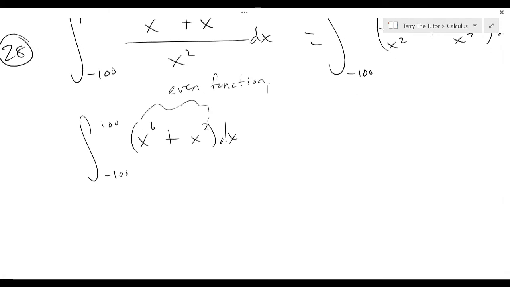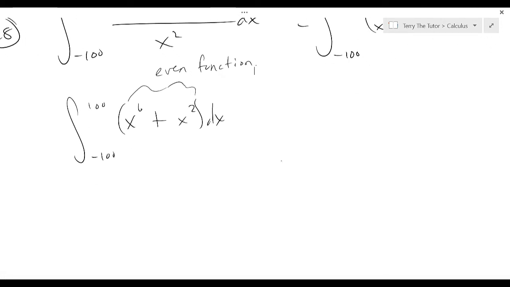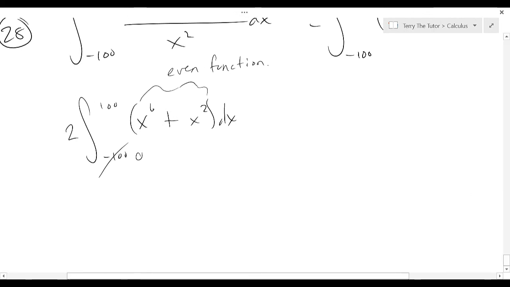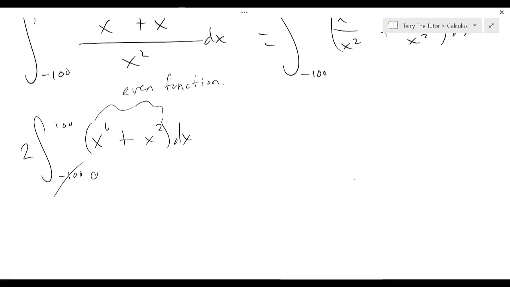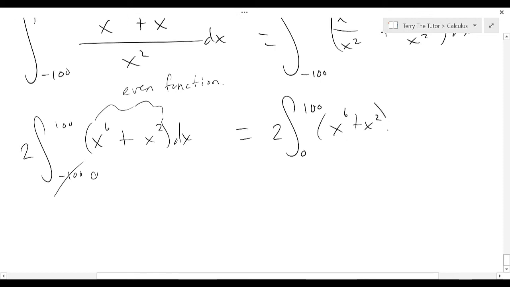You can make the lower limit 0 and put a 2 there. I'll prove that in another video because 100 is just a very large number to be working with. So I'll use a different example. But let's just do the integral. So now my new integral is 2 times the integral from 0 to 100 of x to the 6th plus x squared dx.